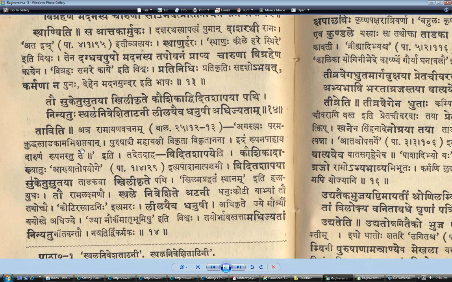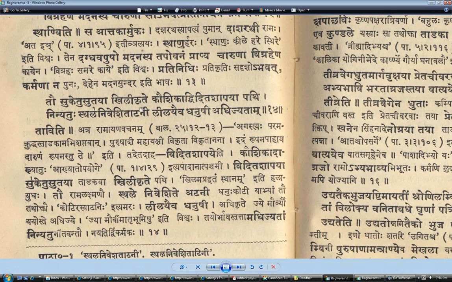So that's the quotation. Then he says, tad etad aha. That is what is being told here. So the author now tells us the same thing the Ramayana shloka is saying. What does it say? Viditashapaya iti. Now Suketu was her father's name. Suketusutaya, and this is because this khilikrita is a passive form. We're going to see that in detail.